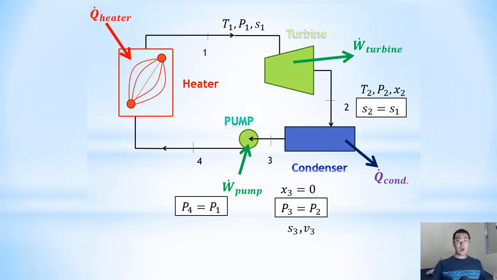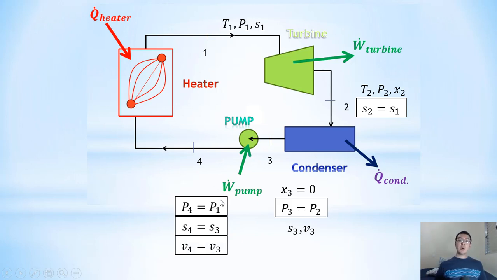At point 4, we know that the process between 4 and 1 occurs at constant pressure because pressure 4 equals pressure 1. We also know that the process at the pump is isentropic too. Entropy 4 is equal to entropy 3.